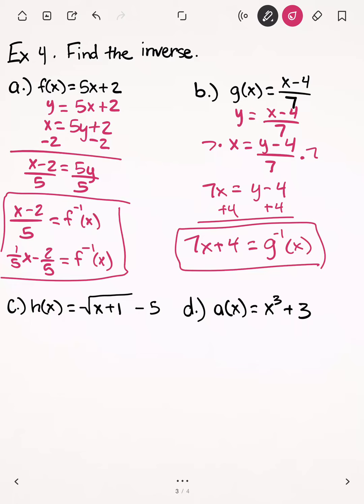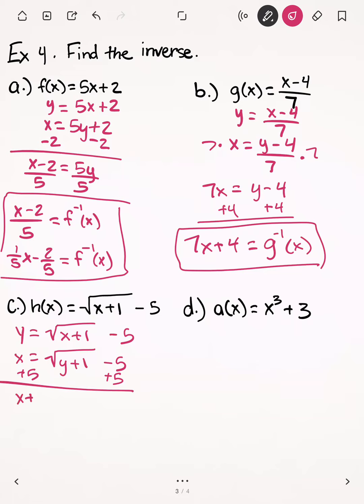Looking at letter C, I have h of x equals the square root of x plus 1 under the radical. That minus 5 is not under the radical, so this is something you really have to be careful with. So again, I'm going to switch the h of x to a y. I have the square root of x plus 1 and then minus 5. I switch my x and my y. And I start solving. So I move over this 5 first.